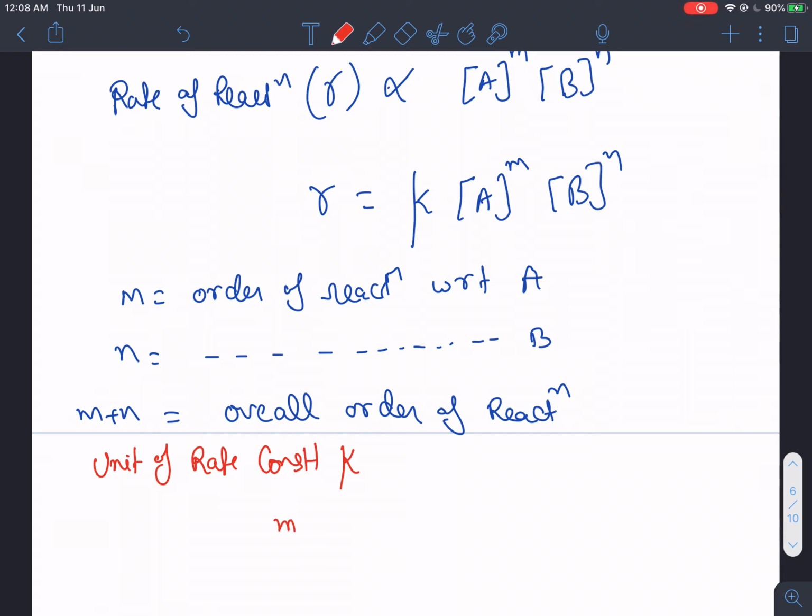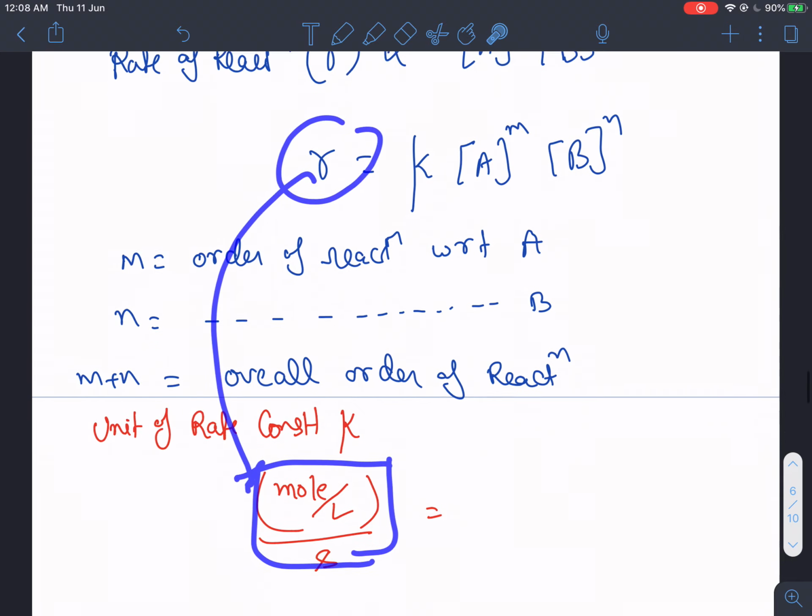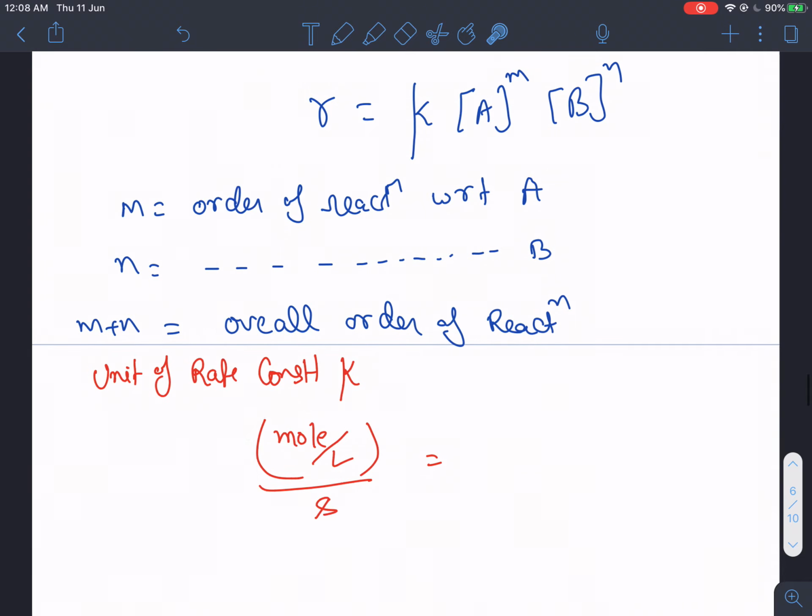So can I write roughly mole per liter divided by time? If I am taking per second, then it is second. So that means for R I can write this unit. Now this will also be mole per liter, this will also be mole per liter.